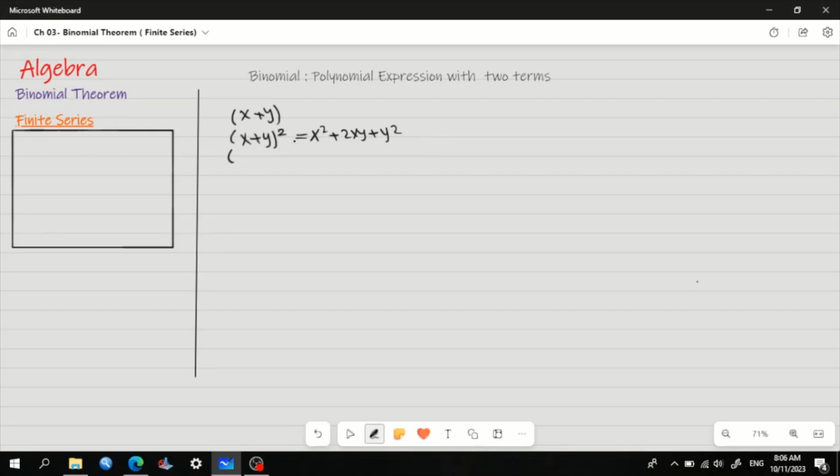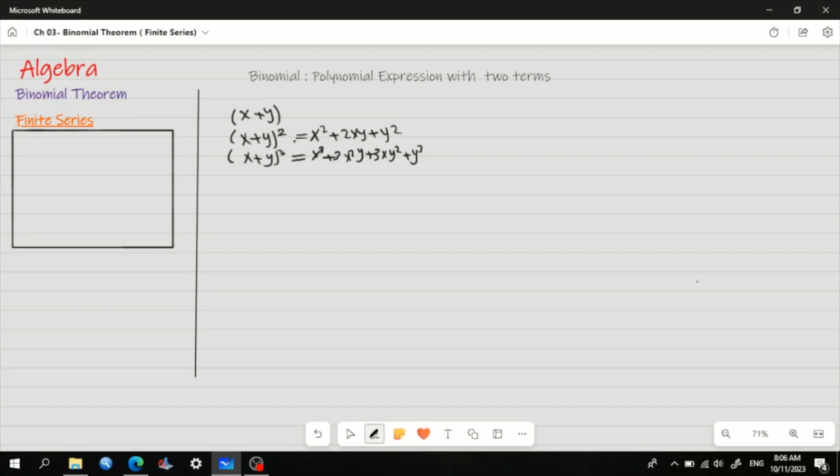Again, if I have x plus y and this bracket to the power 3, the expansion of this bracket is equal to x cubed plus 3x squared y plus 3xy squared plus y cubed.